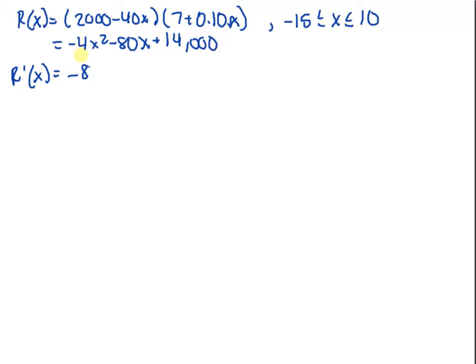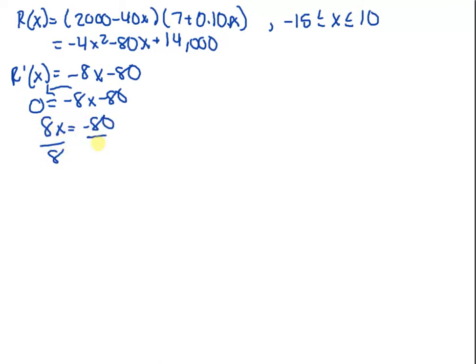So the derivative is negative 8x minus 80. We're going to look at when negative 8x minus 80 equals 0. Bring that over: 8x equals negative 80. Divide both sides by 8 and we get x equals negative 10. This negative 10 is in the domain, so we can check it.